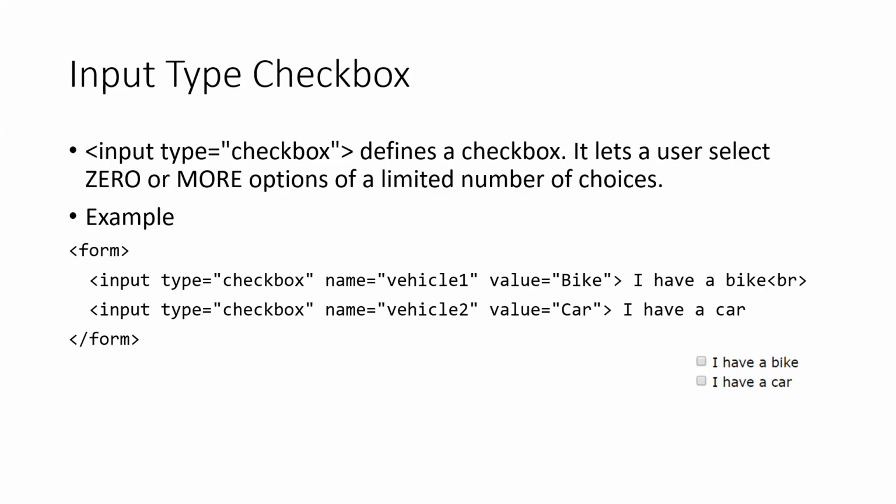Then you may use checkboxes. In this particular example, we have input type checkbox. We have a name called vehicle and the value is bike. Same goes for the second one, vehicle 2, the car. So it's a checkbox.